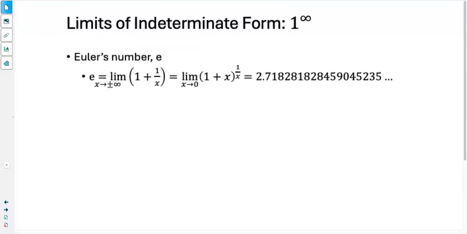Now, from this previous page, you can see that these limits are very similar. Before, I realized I forgot to put this exponent here. So these are the same except for these get swapped and our limit changes from infinity to 0. So we're going to utilize that to help us solve.